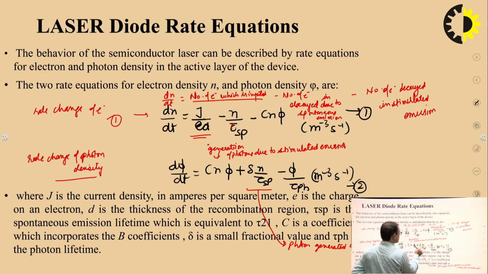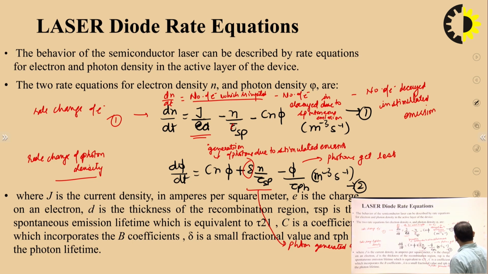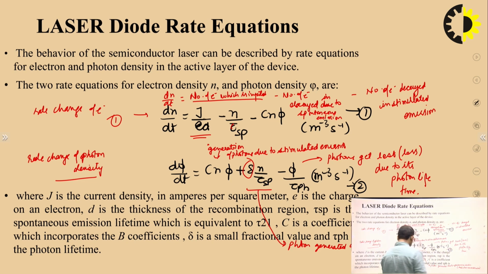That's why it is equal to delta into N by tau SP, because of the recombination rate. If I say all radiative recombination, that means delta comes out to be 1. And some photons which are generated get lost, or lost due to the photon lifetime, that is minus phi by tau pH. Clear?